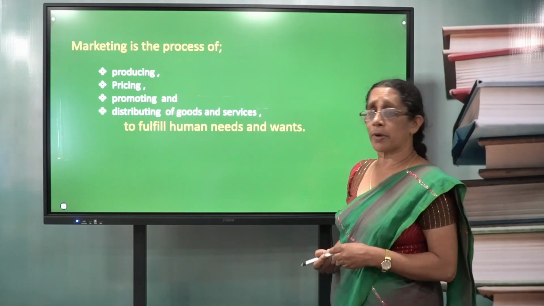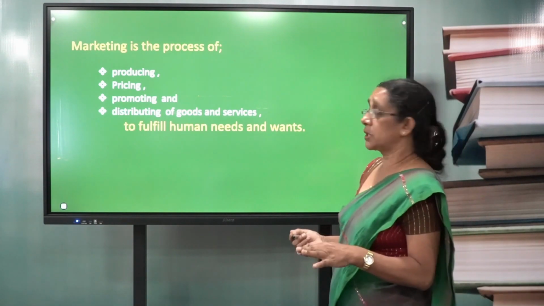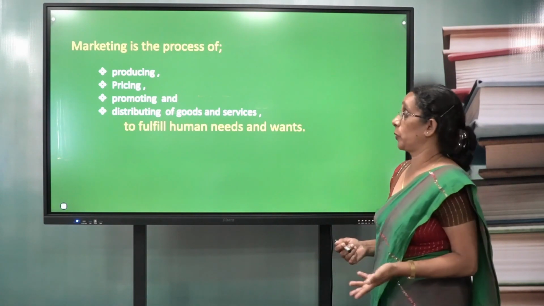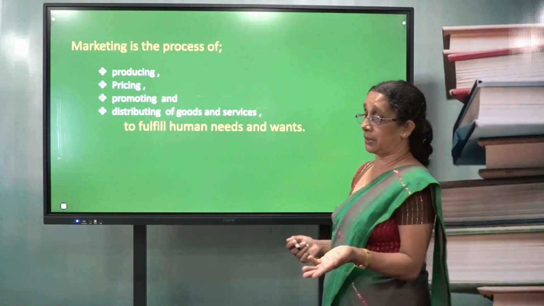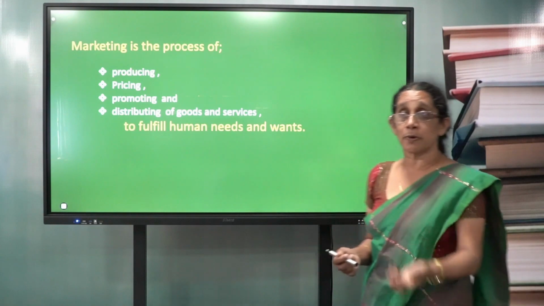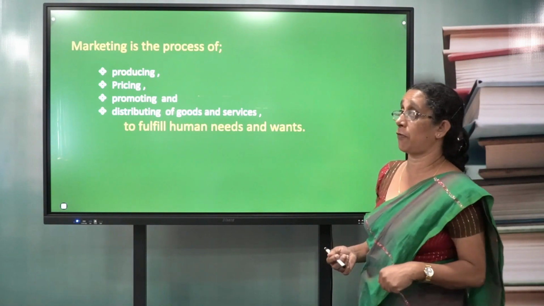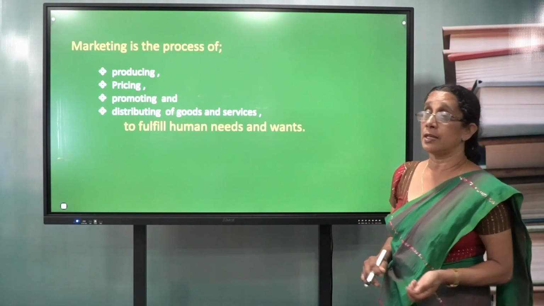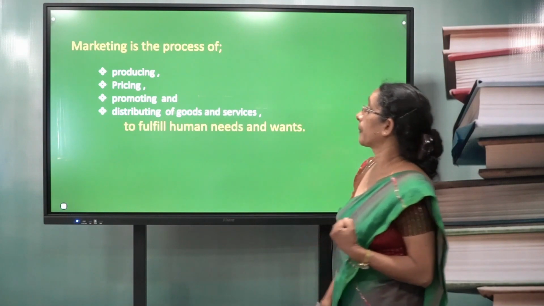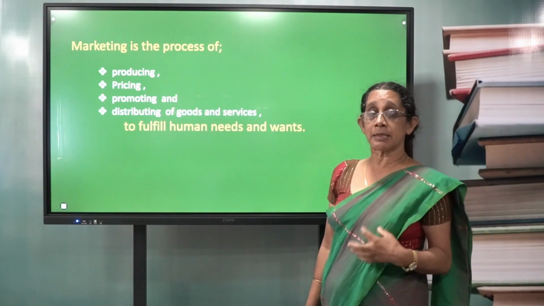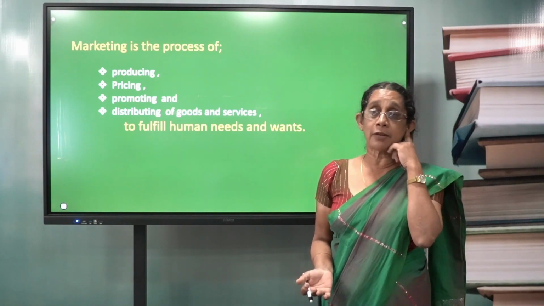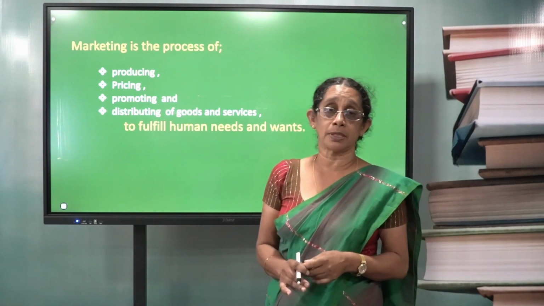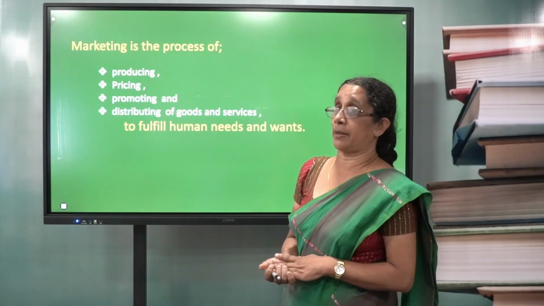Now to provide best quality goods at reasonable prices, businesses have various activities to do. In the earlier lesson we discussed that businesses provide various goods and services to fulfill human needs and wants. So businesses engage in various functions, and one function is marketing. In marketing, businesses try to identify the needs and wants of the people or customers, and always try to satisfy customers with best quality products.